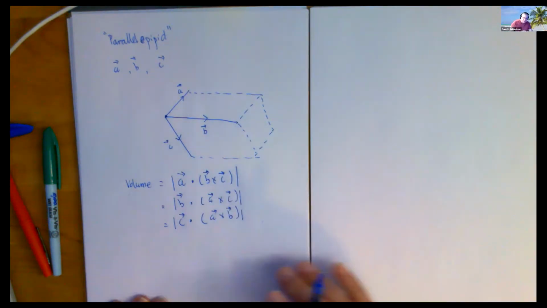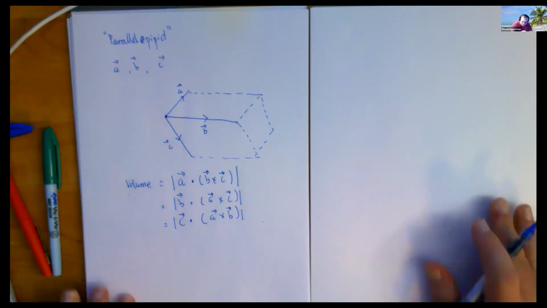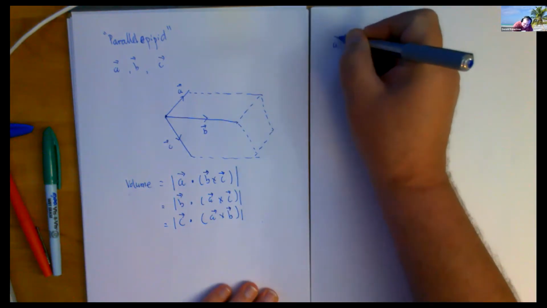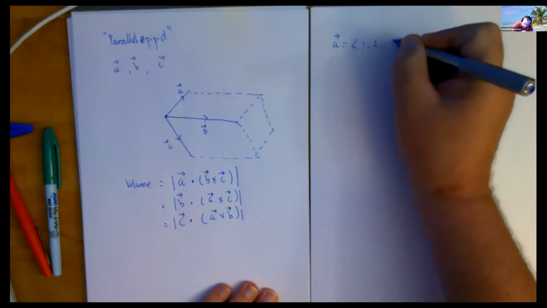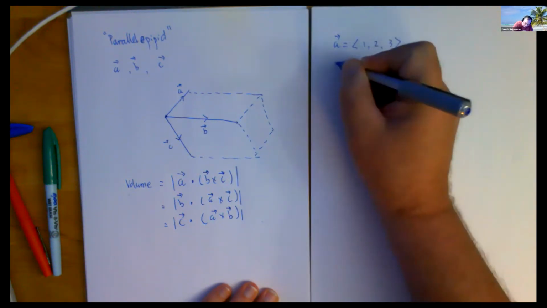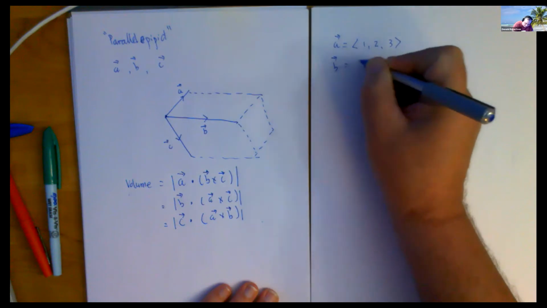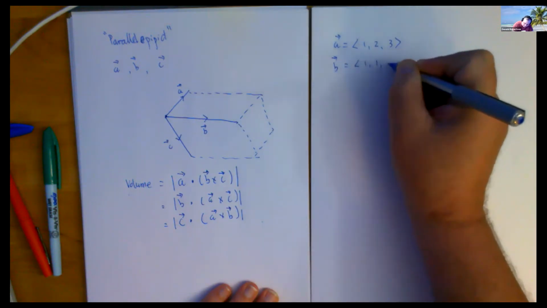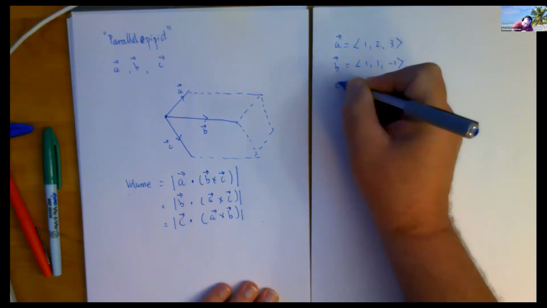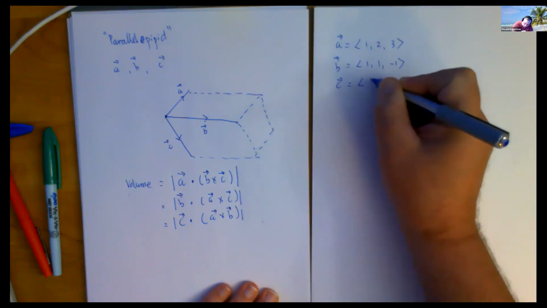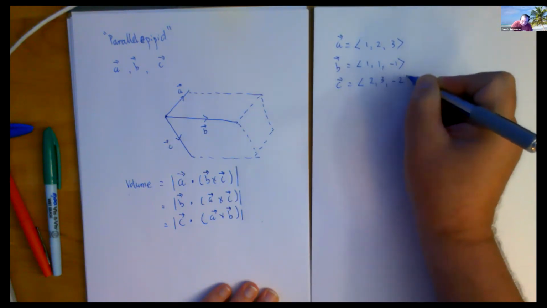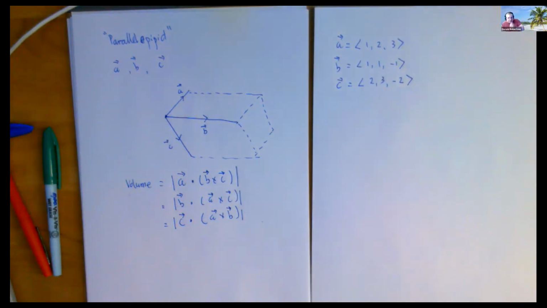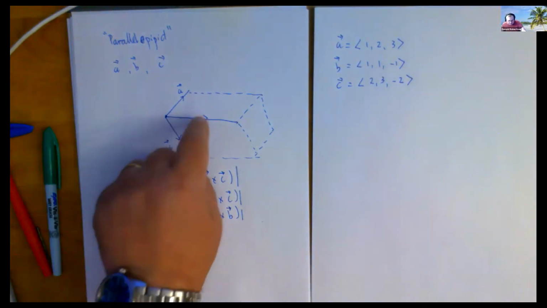Well, that's the gist of this. So let's invent a question to go along with it. Suppose that's A. This is B. And this is C. So can you imagine these are the 3 vectors here?